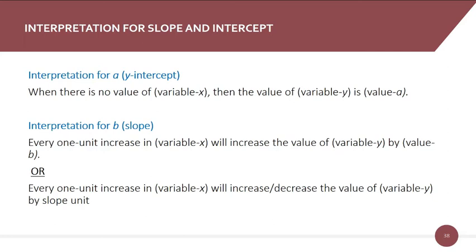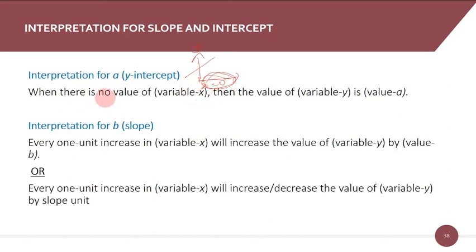Okay, so how to interpret a? We already simplified for you what is a, meaning a refers to the intercept of axis y. So it means that when x equals 0. What it means, you must know what is your variable x.